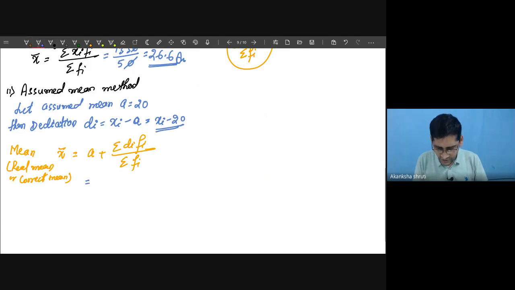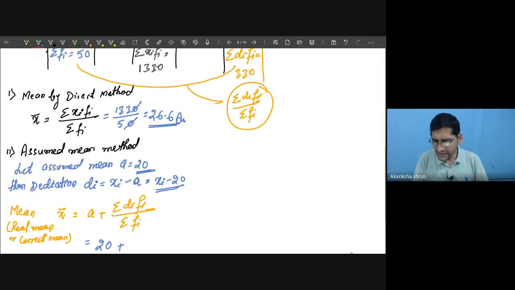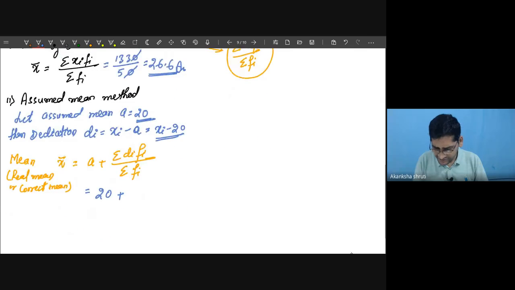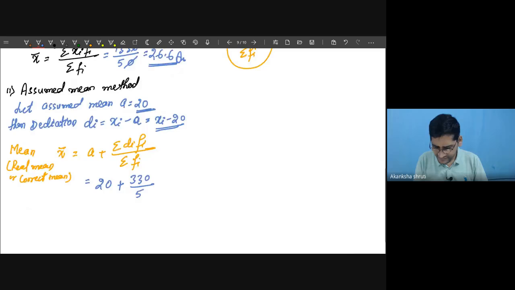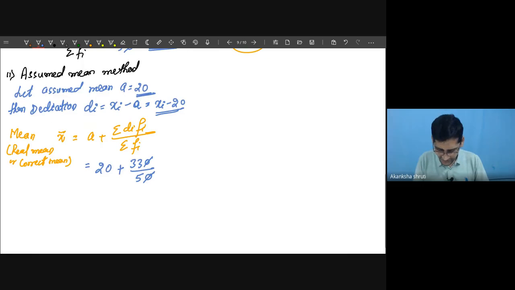So this is equal to the assumed mean, our 20. So this 20 that we have assumed we will take here, plus DiFi 330 divided by Fi, our 50. Go for simplifying this.